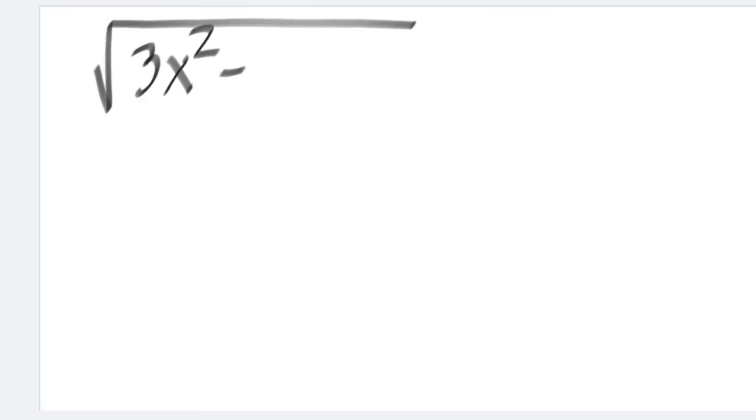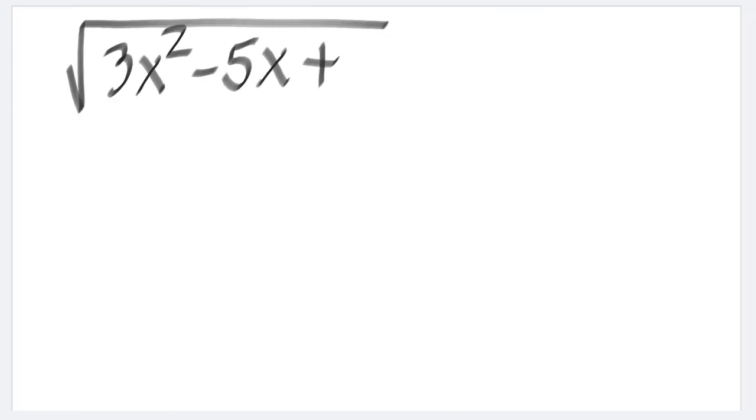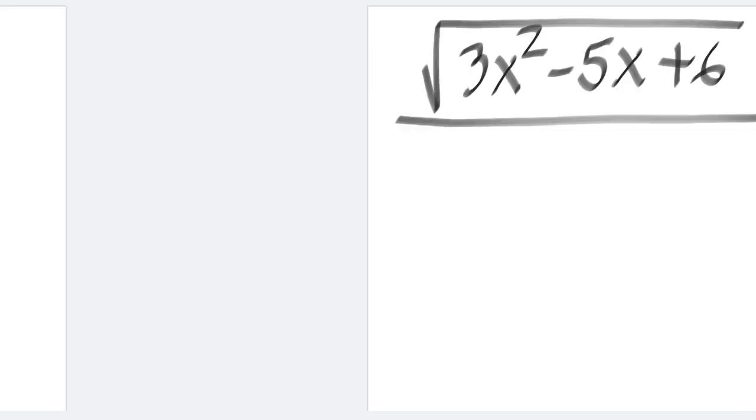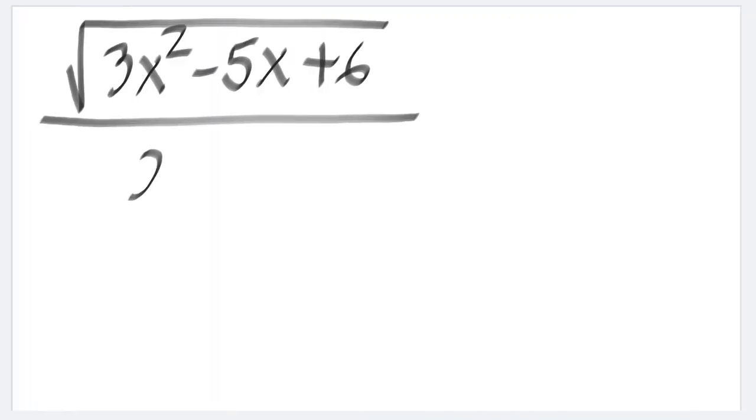Okay. So square root of 3x squared minus 5x plus 6 all over 2x minus 4. You divide it by what is the largest term here, that is x squared, but because of the radical you need to square it, so that would be x to the 4th.